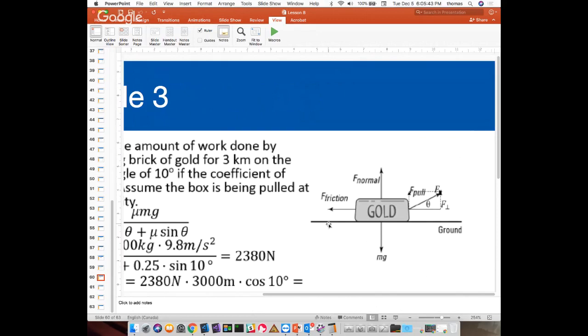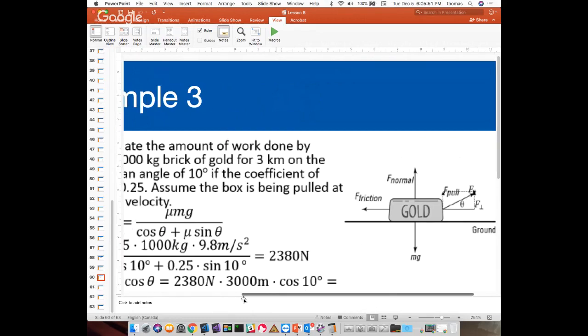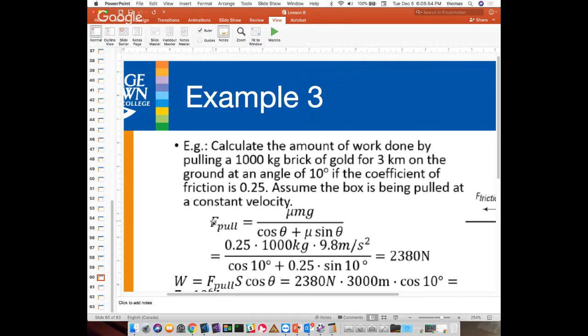I can figure out what that is, right? So what they've done here is exactly that, right? They've put the force of the pull as mass times gravity times the coefficient of friction over cos theta plus the coefficient times sine theta. Now, how did they get this one? This is the force of the pull. And this is where you kind of get lost in this stuff, right?